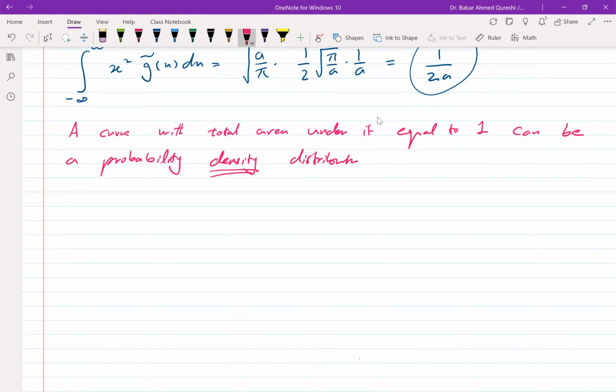This word is very important. It's slightly different from probability distribution. It's a probability density distribution. So what's a probability density?